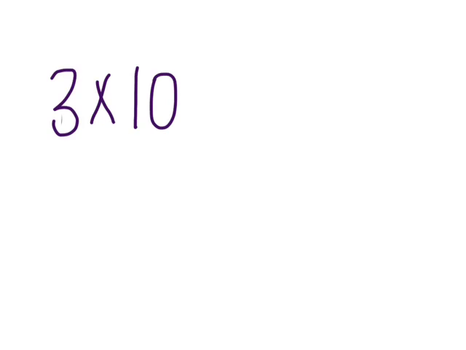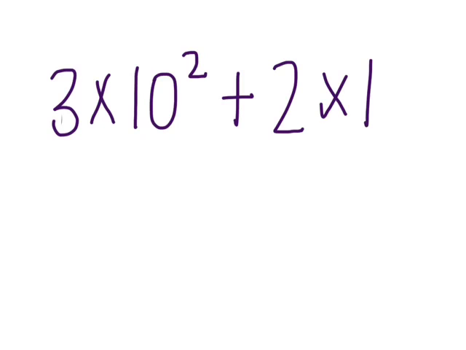Now on your test, they will have 2 or possibly 3 numbers added together with exponents like this. 3 times 10 to the second plus 2 times 10 to the first. So here I'm thinking I have a 3, and what is 1 with 2 zeros behind it?